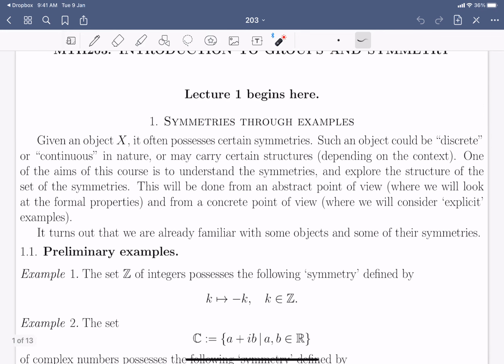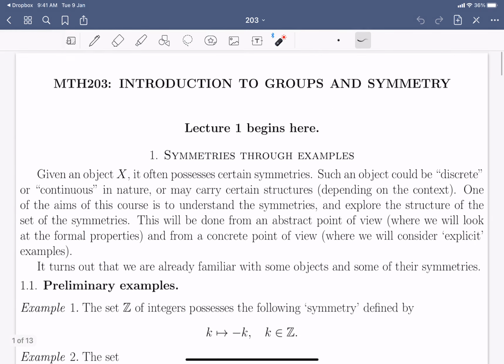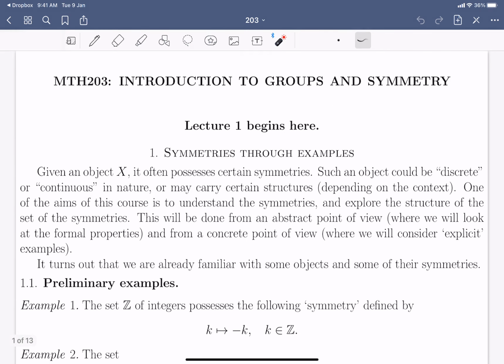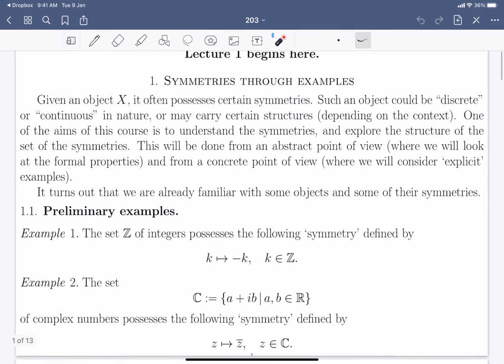That is something we'll see towards the end of this lecture, not at the very beginning. After a couple of lectures we'll be in a position to understand the examples from a precise, mathematical perspective.